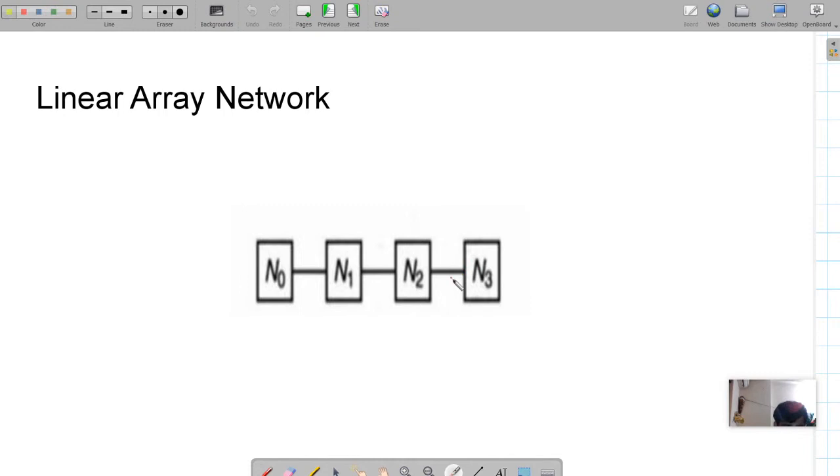And as you can see, why is this structure linear? Because N0 and N3, that means terminal nodes, are not connected to one another. They have degree 1. So it looks like a linear array actually.